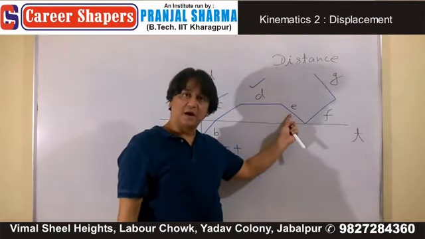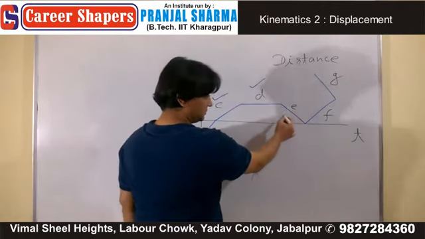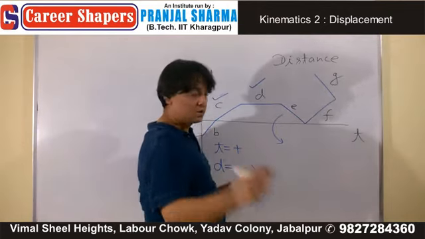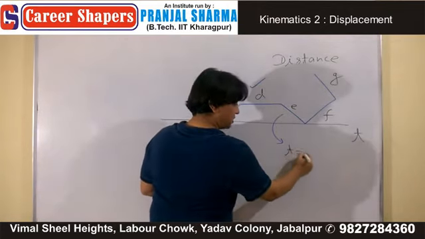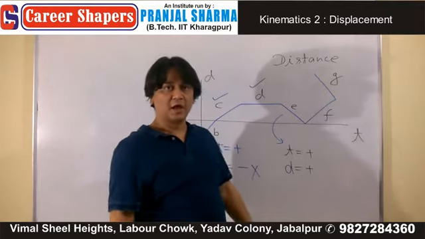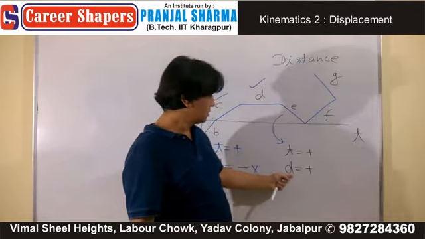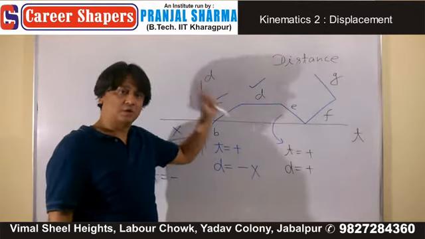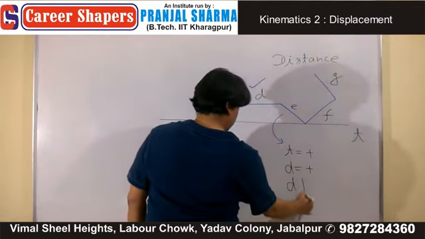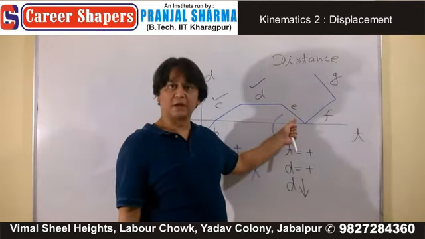Now look at this part E. In this part E, your time is positive, distance is also positive. As long as you are above the horizontal axis, your distance is positive. But distance, you can see, is decreasing.